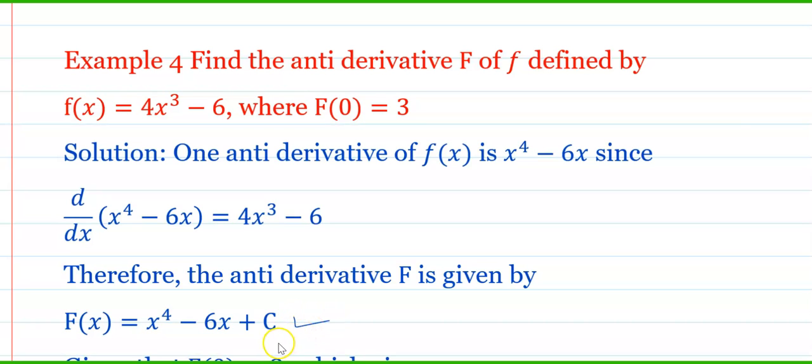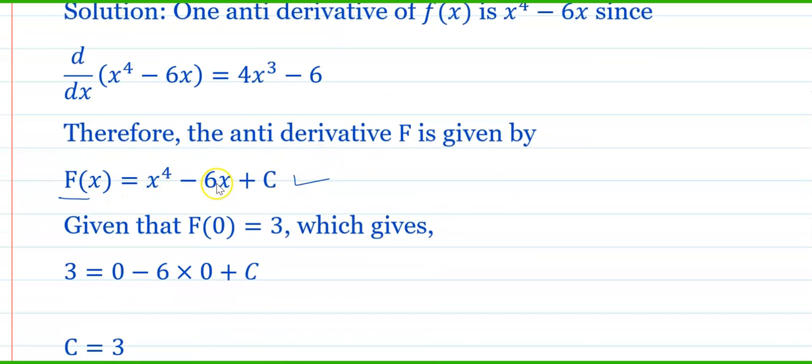Again we ask the question: which function has derivative 4x cube minus 6? That function is x raised to 4 minus 6x plus c, and therefore we have the function F of x. Now we want its value when x equals 0.